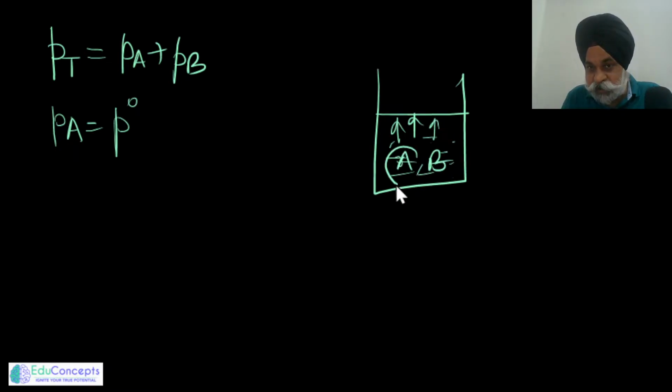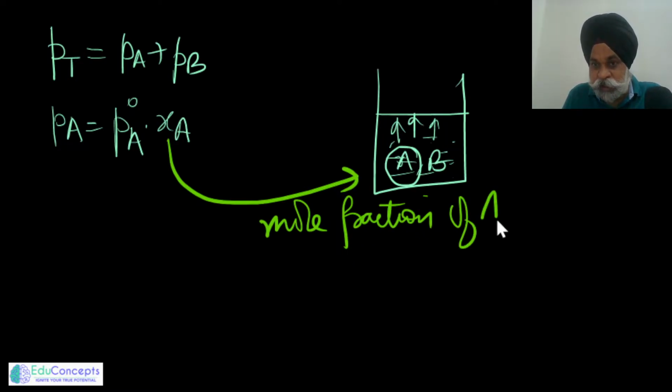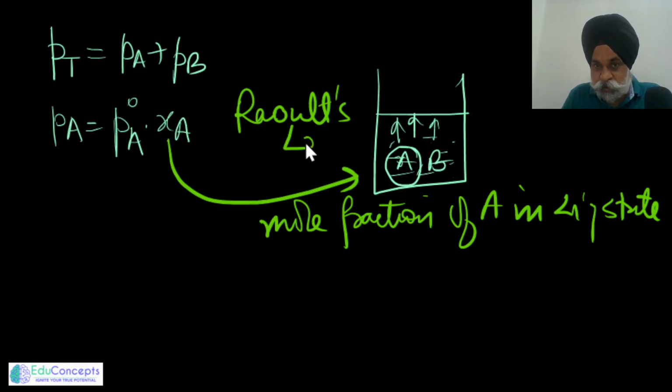The partial pressure of A, according to Raoult's law, would be P naught A into XA. What is very important here is that this is the mole fraction of A in the liquid state in the solution, according to Raoult's law.